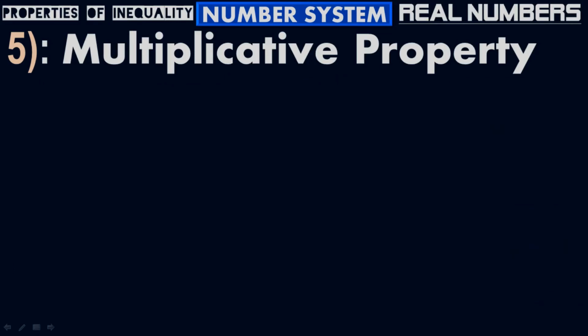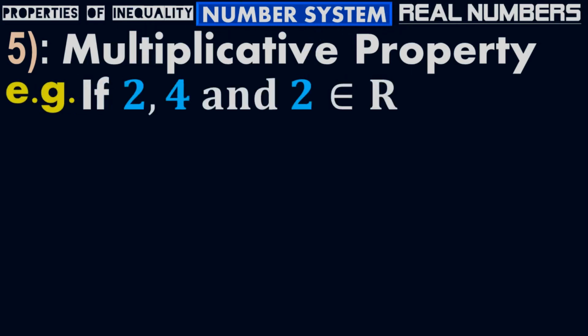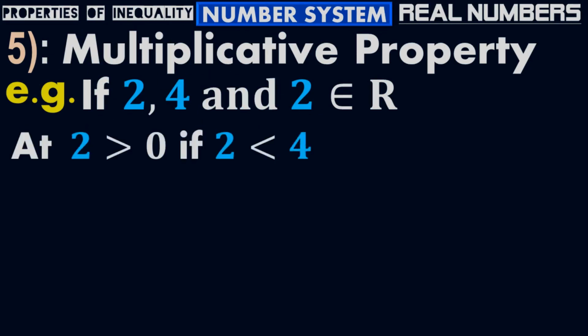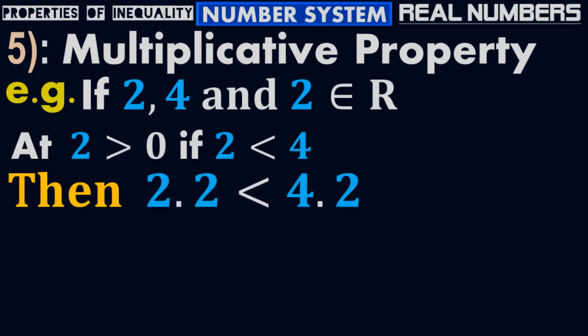Let me prove the multiplicative property again. Let's take an example of the multiplicative property. For example, if 2, 4 and 2 belong to real numbers, at 2 greater than 0, if 2 is less than 4, then 2 times 2 is lesser than 4 times 2. It implies that 4 is lesser than 8. This is one situation.